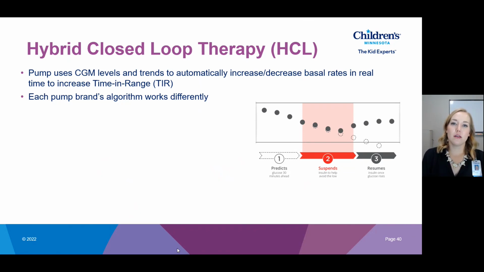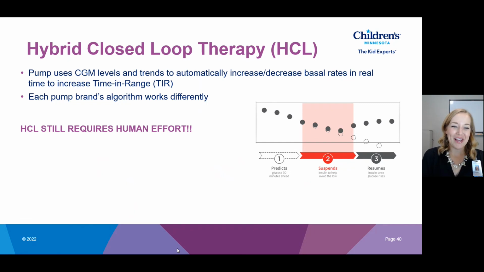So in the All About videos, you're going to learn about those algorithms, and I highly recommend that you do watch all three, even if you think you know what pump you want, because each algorithm is different. If you are jumping into hybrid closed loop therapy, it is your responsibility as a user to know how the system works. So I do want you to really think about it and look at the different systems to make an educated decision for yourself.